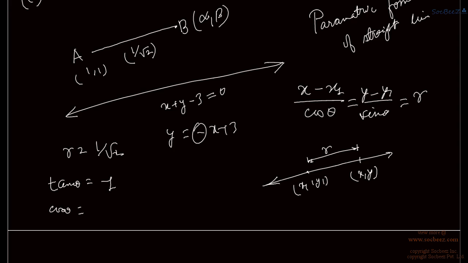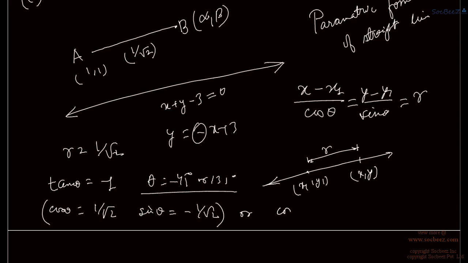Since tan theta is minus 1, theta must be minus 45 degree or 135 degree, correct? So cos theta must be 1 by root 2 and sin theta must be minus 1 by root 2, or if cos theta is minus 1 by root 2, sin theta is 1 by root 2.